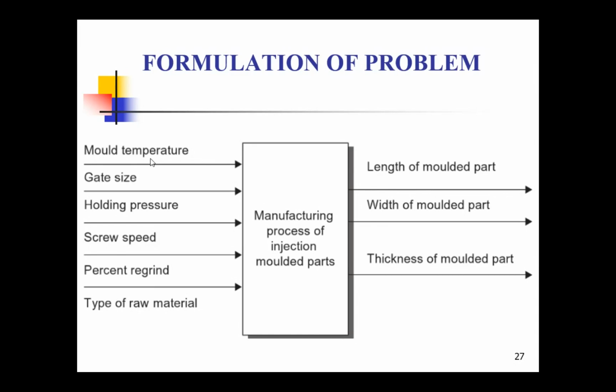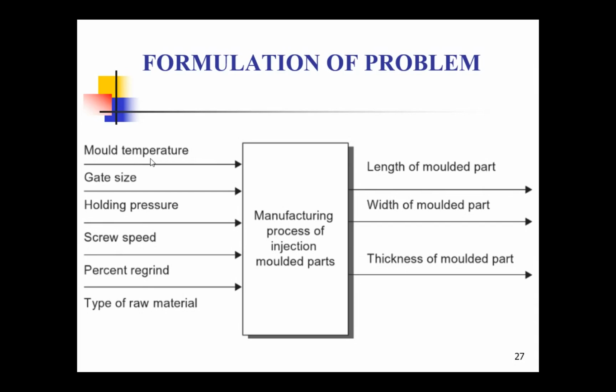The mold temperature mainly depends upon the raw material that we use, with thermoplastics and thermosets it will vary. The gate size is nothing but the opening size of the injection molding. The holding pressure is the pressure with which I am going to inject the molding material into the die. Then the speed of the screw. Everything will have an impact on the length, width and thickness of the molded part that we are going to produce. So we should be very, very careful.